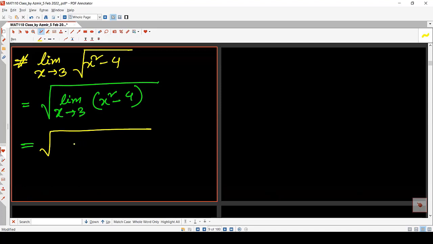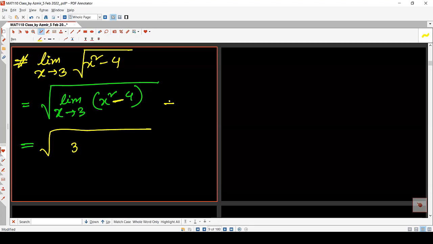We have the square root. Now we can apply the sum or difference property if we want. Actually, negative is also one kind of positive, because x squared - 4 is also x squared plus -4. So we can apply the sum property or difference property. Those two are the same actually.